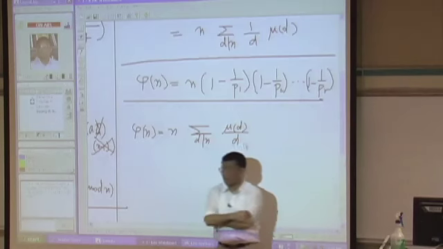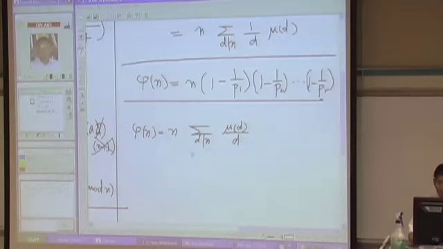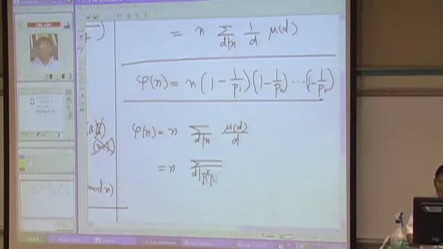And I will decompose n here into prime factors: P1 to the R1, P2 to the R2. Oh, R is used here, so I will change this to K, sorry. And then PK to the RK.